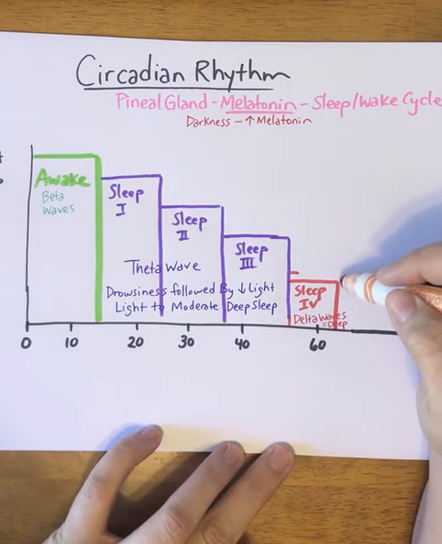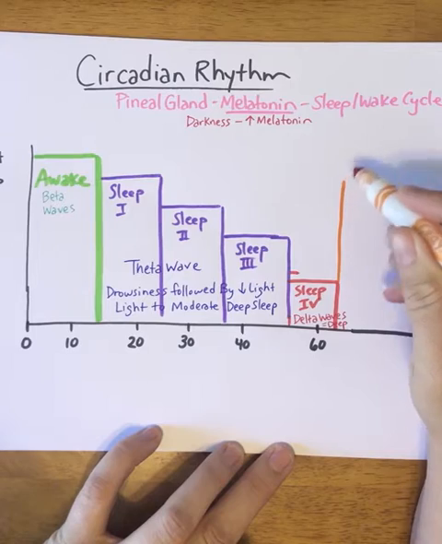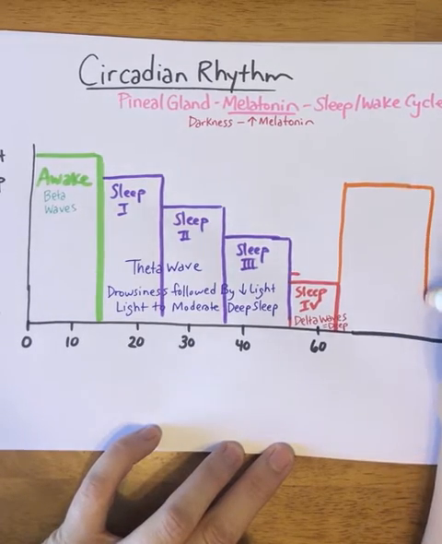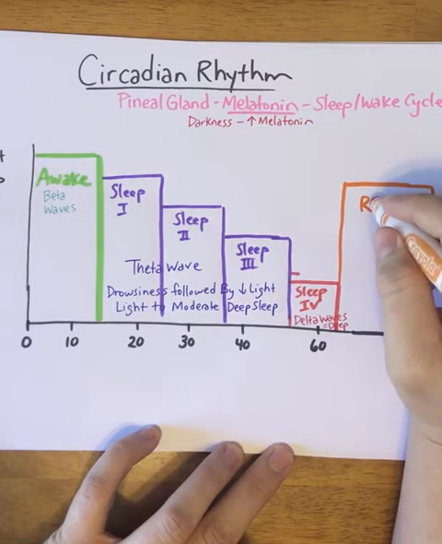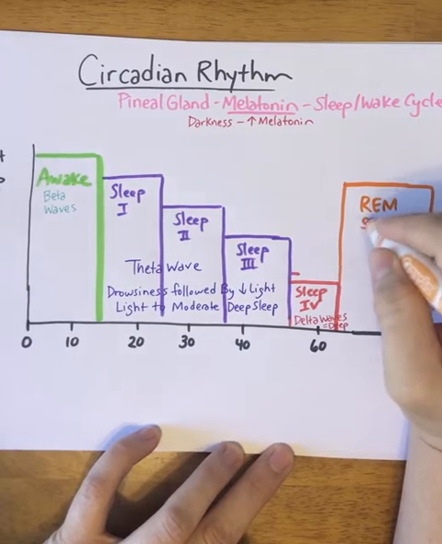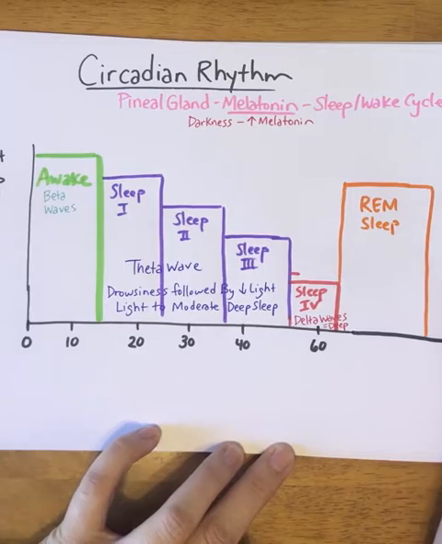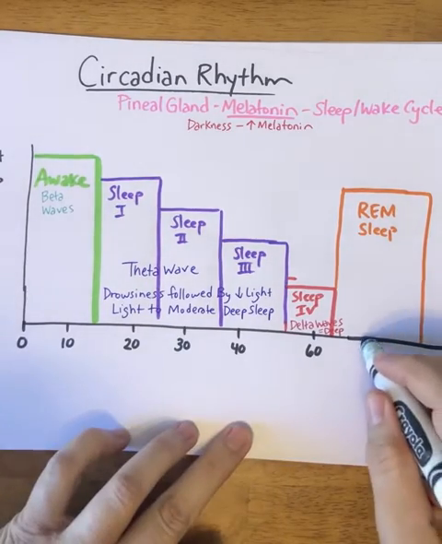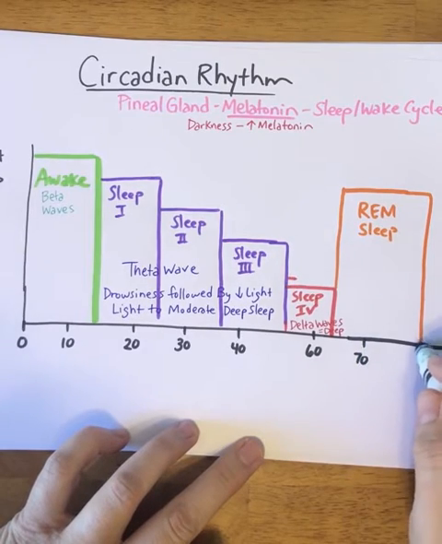All of a sudden, you seem like you're awake. This is called the REM sleep cycle. This is at about 70 to 75 minutes.